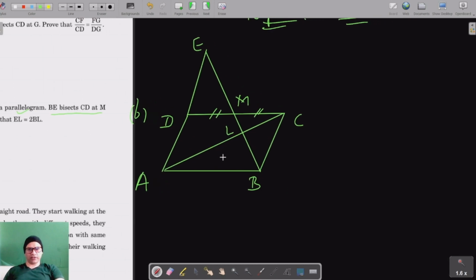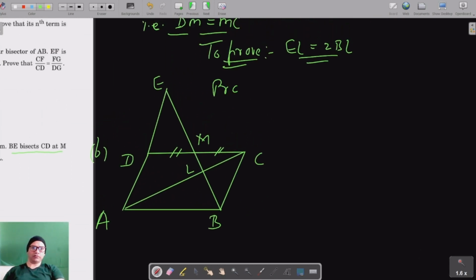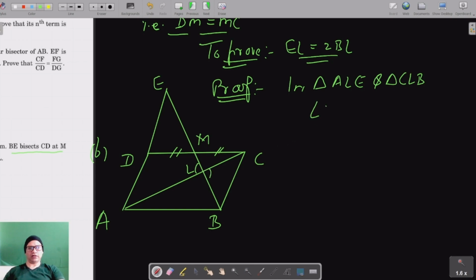Okay, now let's consider these triangles we are going to prove. And let's consider these triangles. So in triangle, the first one is triangle ELA. So the triangle ALE and CLB. So this is ALE and CLB. So in triangle ALE and triangle CLB, in these two triangles, angle L is equal to angle L. These are the vertically opposite angles.